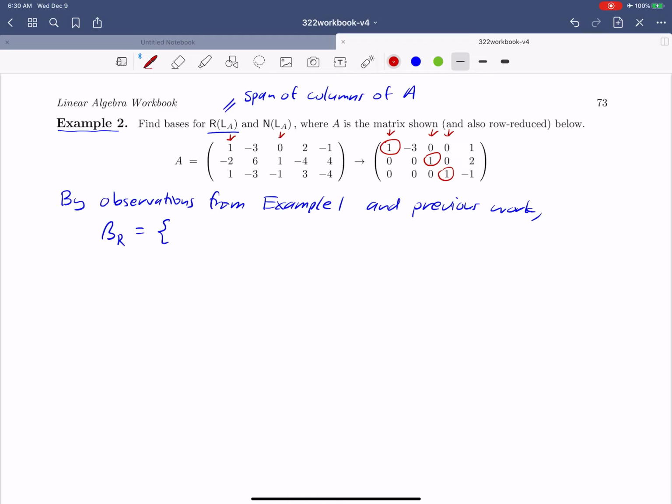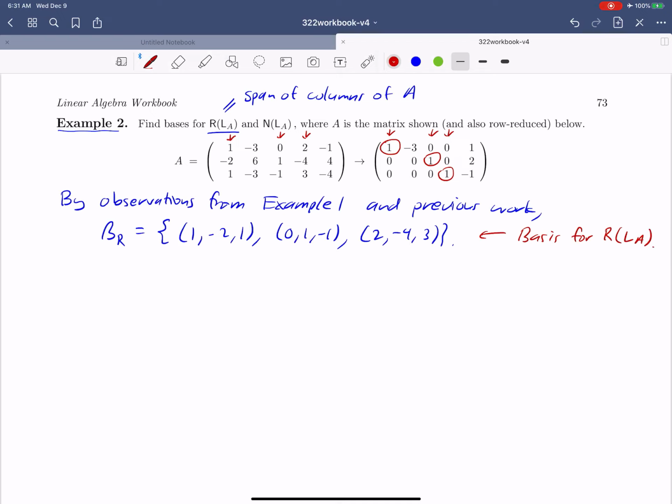So we want to take the first, third, and fourth columns of A: 1, negative 2, 1; 0, 1, negative 1; and then 2, negative 4, 3. And there's our basis for the range space of L of A.